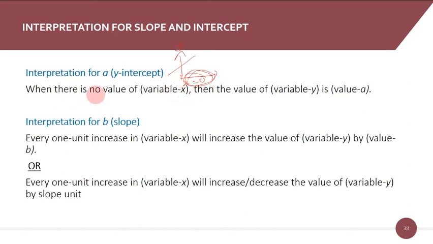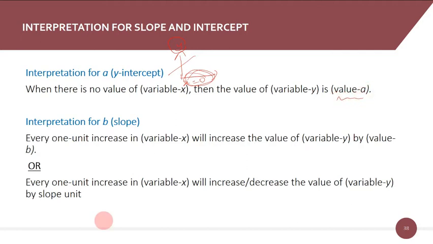So when there is no value, meaning that x equals 0, when there is no value of variable x, then the value of variable y is the value a. It means that if y is strength of machine, then the value of strength of machine is the value of a.